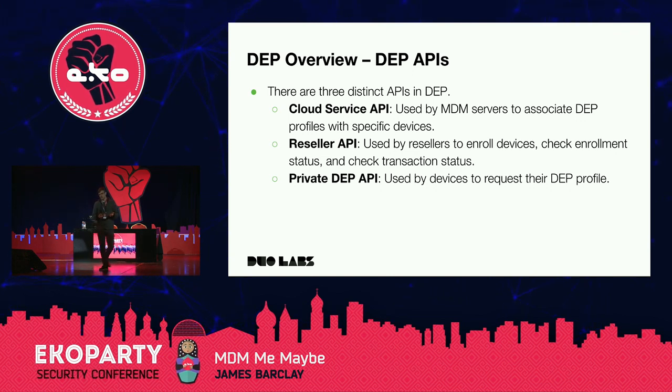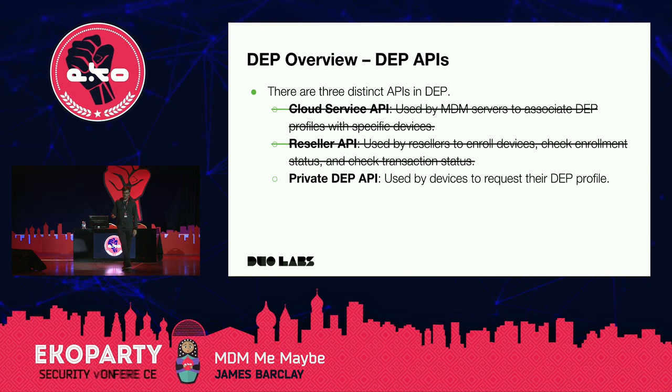Lastly, we have the private DEP API. This is an undocumented API that is used by devices to directly communicate with Apple's DEP service. So unless otherwise noted, throughout this talk, I'm only going to be covering the private undocumented DEP API that's used by devices to communicate with Apple.